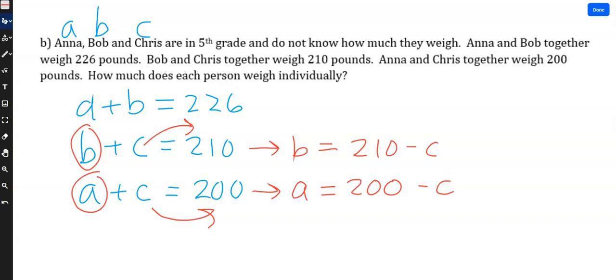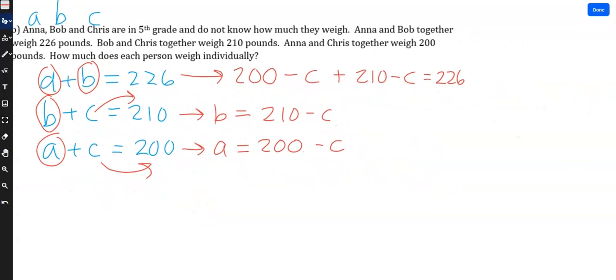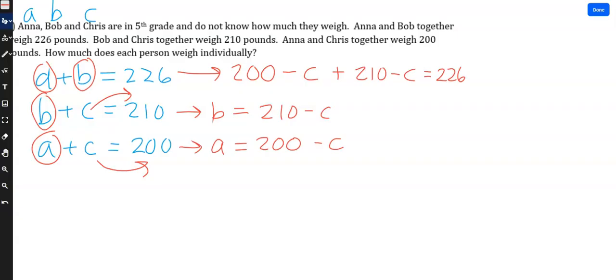Now, what am I going to do with these? I'm going to take that first equation and do substitution in it. So first I've got A, which is 200 minus C, plus B, which is 210 minus C, equals 226. And you're sitting there going, okay, well, how does that help me?